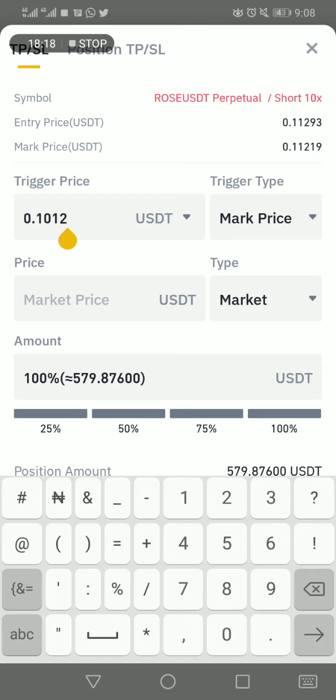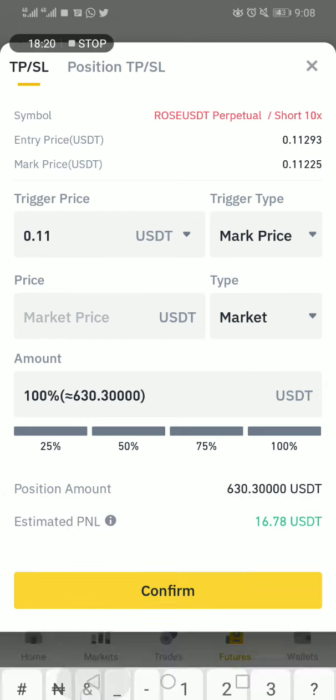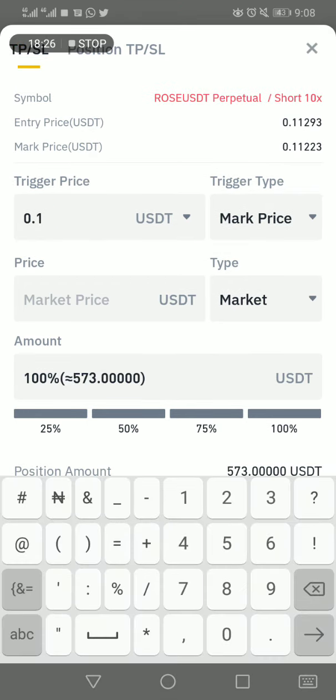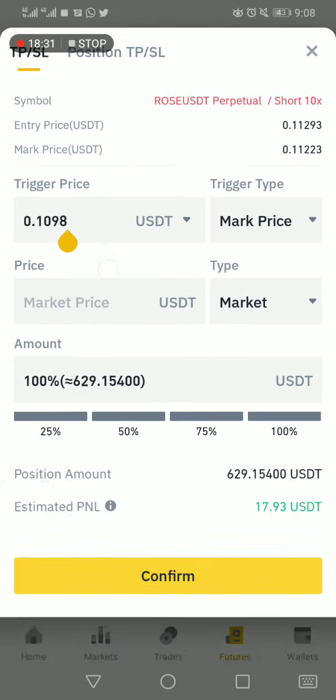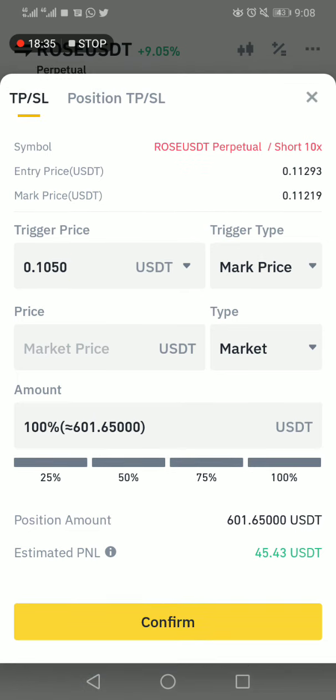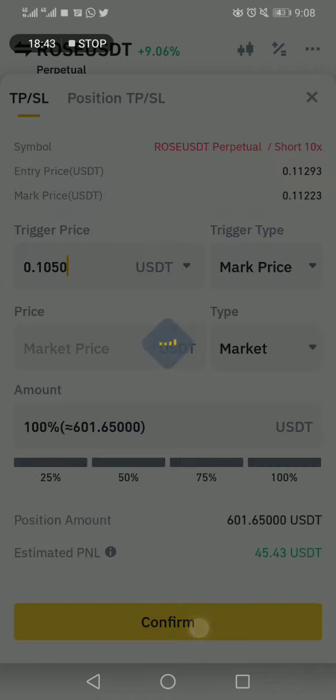Or I can say 0.11098. So this is what it means. Or 0.1050. This is what it means. Once this coin gets to this level, that will be my take profit. So I can just set it like this.